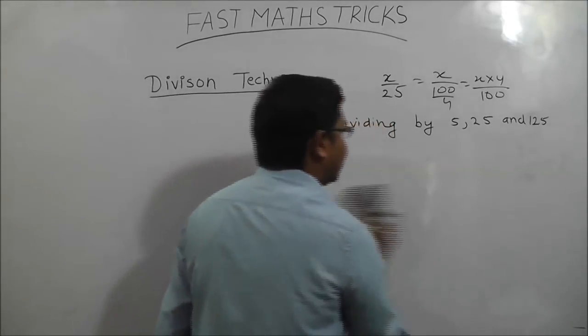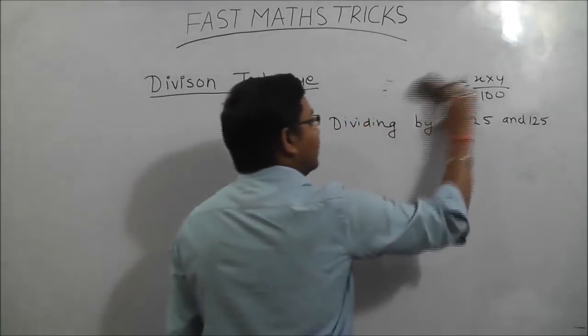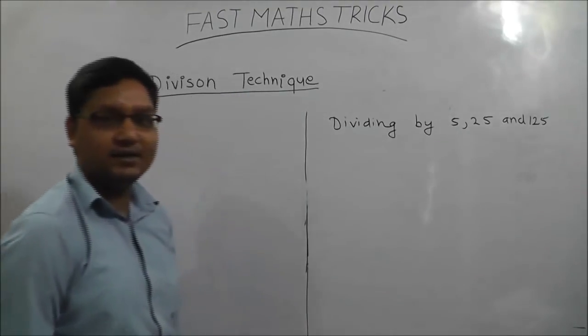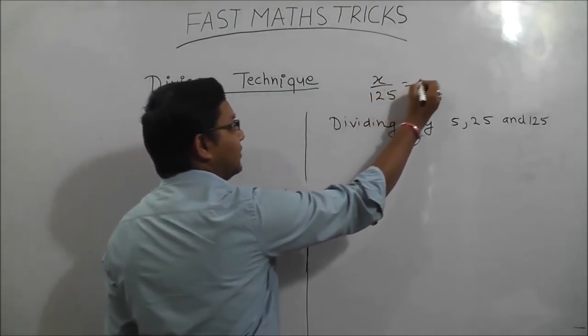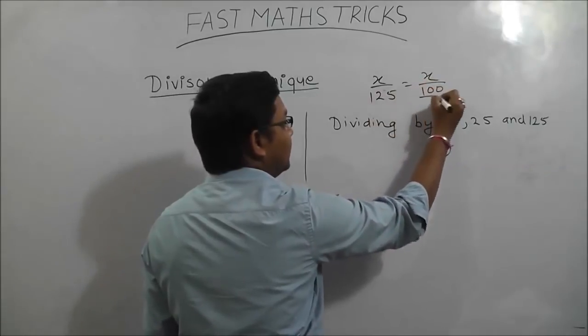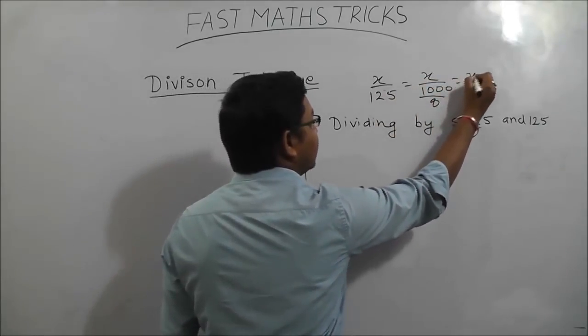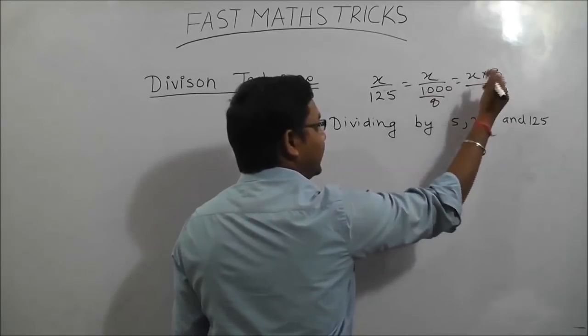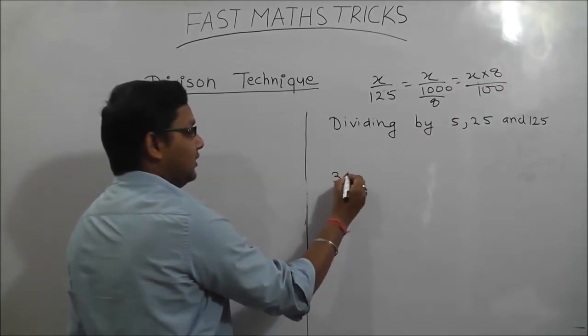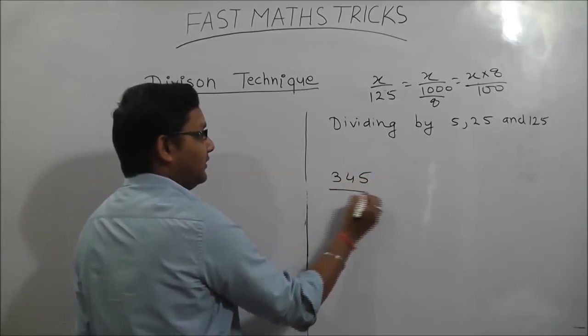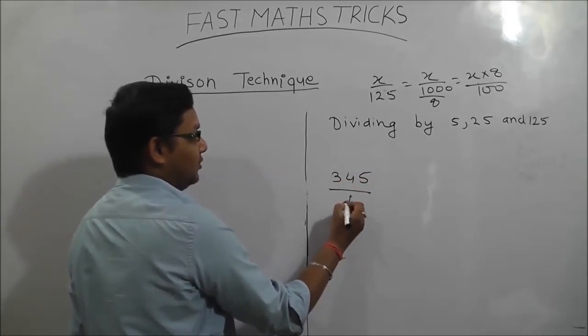So let's see our last, that is dividing by 125. A number when divided by 125 is equal to 1000 by 8, that is first multiplying by 8 and then dividing it by 1000. Suppose a number is 345 divided by 125.